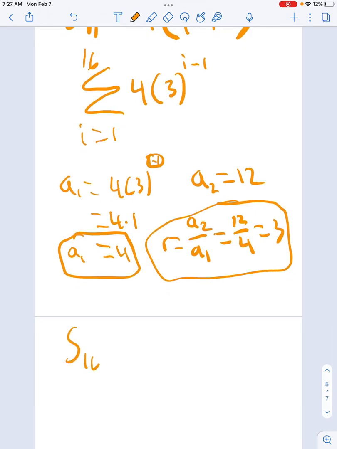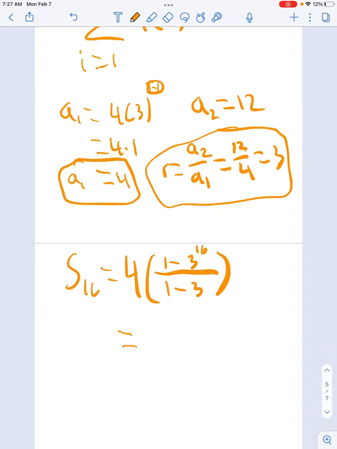The sum of the 16-term series is a sub 1, which is 4, times 1 minus r to the nth power, which is 3 to the 16th power, all over 1 minus 3.